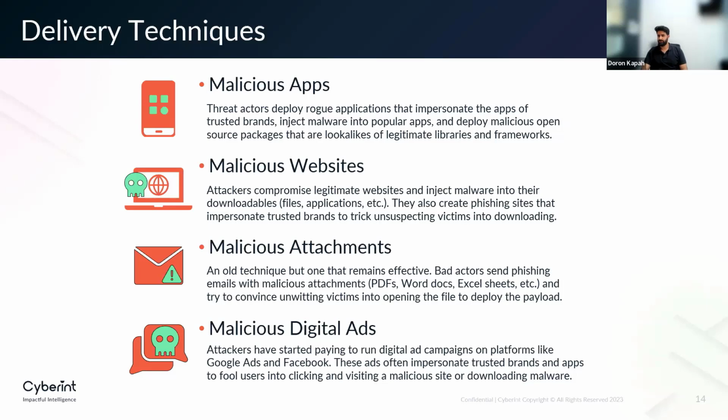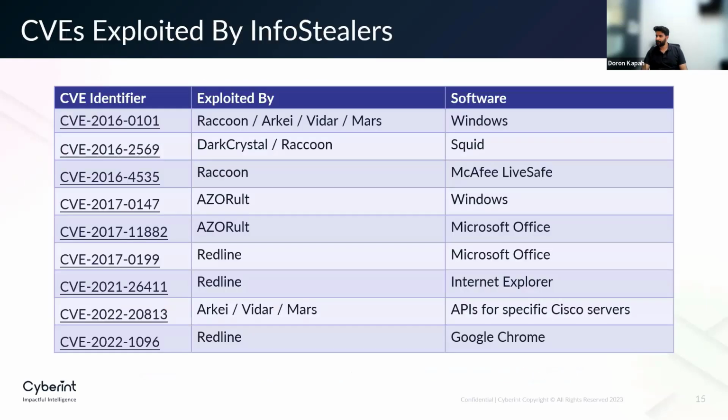All right, so let's move forward. What kind of vulnerabilities are being exploited by the InfoStealers? We saw that we have multiple vulnerabilities for each one of the InfoStealers. As you can see in the exploited by column, we have different types of InfoStealers, starting from Raccoon, Arkei.